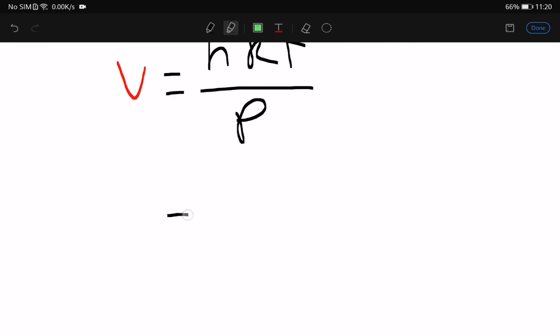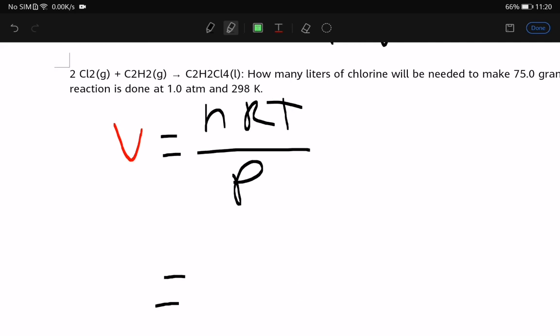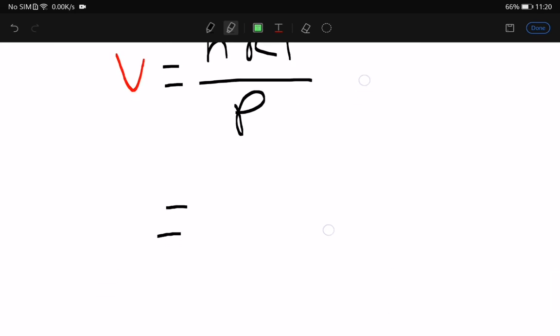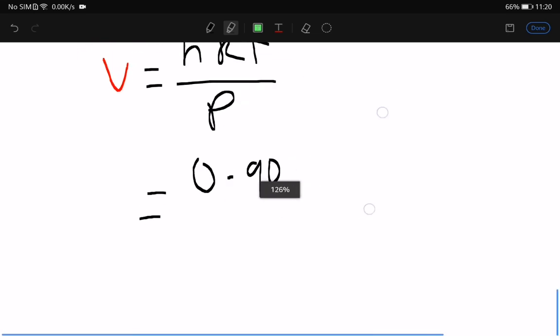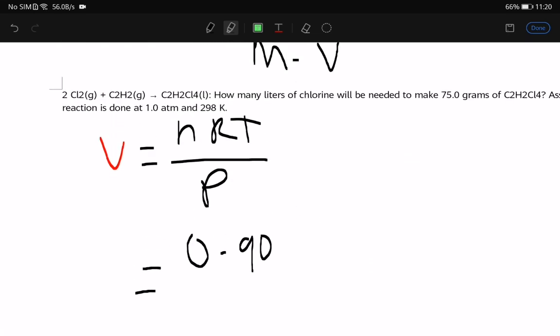So V is equal to n, the number of moles, which we solved earlier, 0.90. That is the mole of chlorine gas.